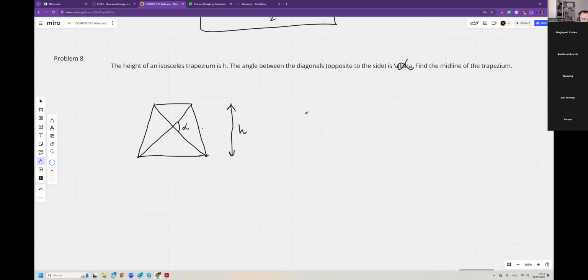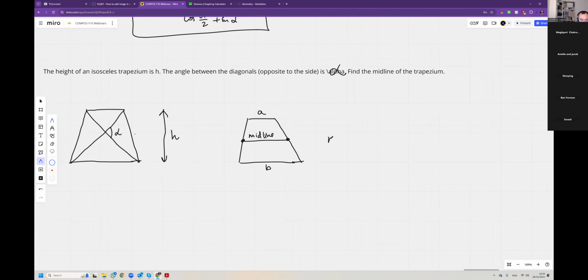Midline. What on earth the midline is? Well, if you have a trapezium, the midline is the line connecting the middle of the two sides. And interestingly, if this is A and this is B, then the midline is A plus B over 2.